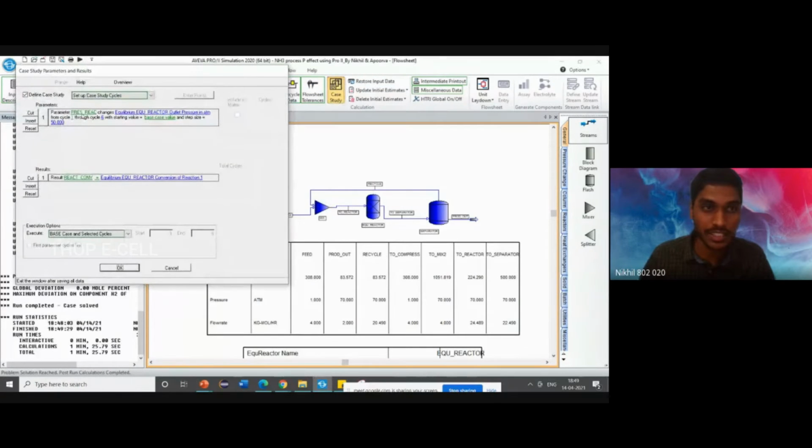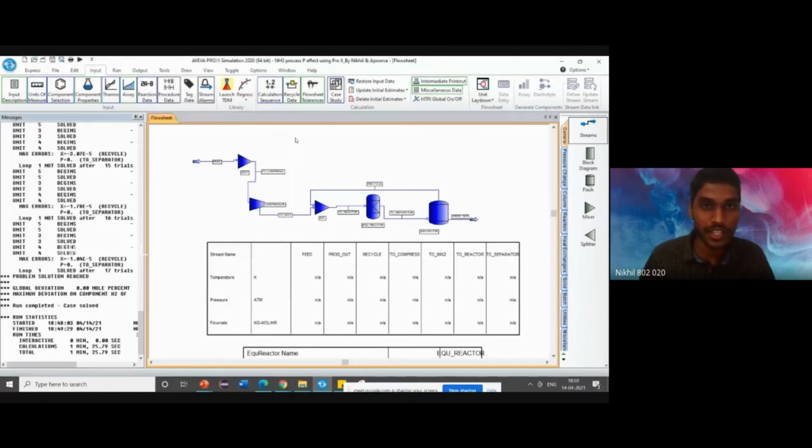As I mentioned, this is how we defined the reactor pressure as a parameter, by increasing the step size by 50. Initially we gave 70, right? 70 plus 50, it will add on, for 6 cycles. The result we obtained is the reaction conversion, and we can define it here.